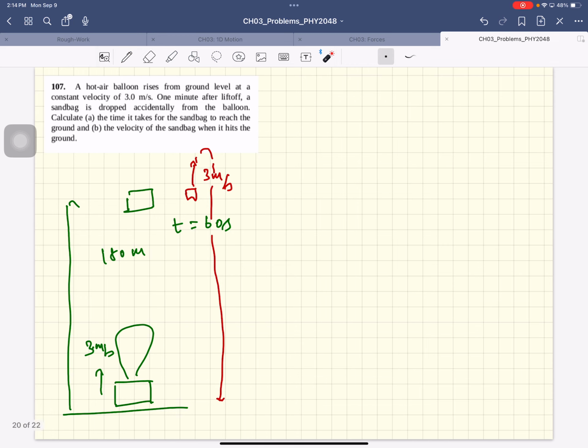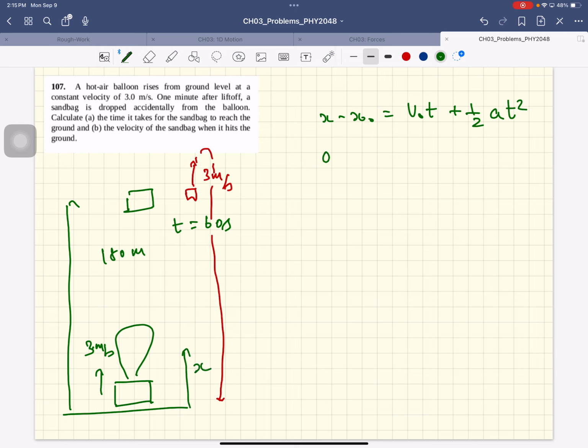Now once it's dropped, it's moving under the influence of gravity, and its acceleration is 9.8 meters per second squared downward. The time it takes for the sandbag to reach the ground: the sandbag was dropped from a height of 180 meters, and our x-axis is this way. X naught is 180. We'll do x minus x naught equal to v naught t plus 1/2 a t squared.